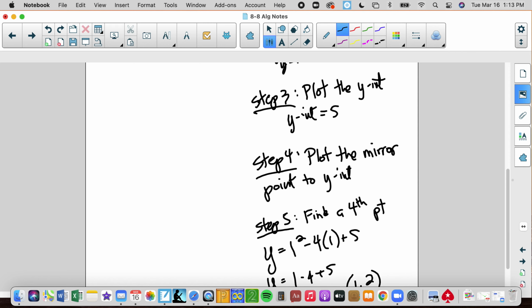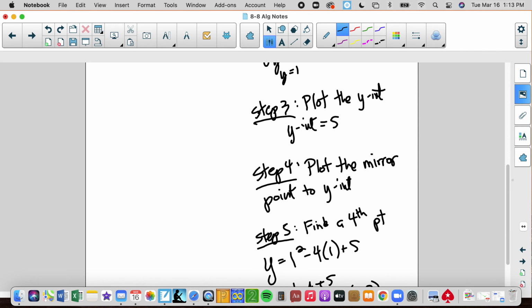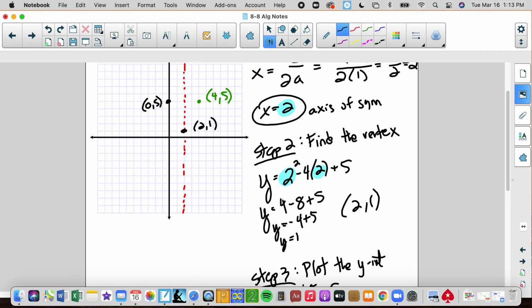And (1, 2), thank you, is my 4th point. So (1, 2) looks like that. And that's right. We always want to label our points. And now we need to find its mirror point. So we look, what is the distance away from the axis of symmetry? It's 1.